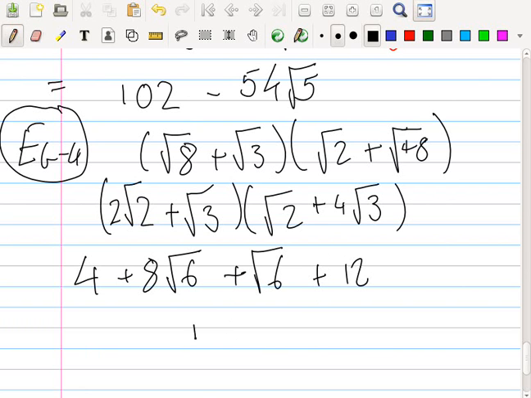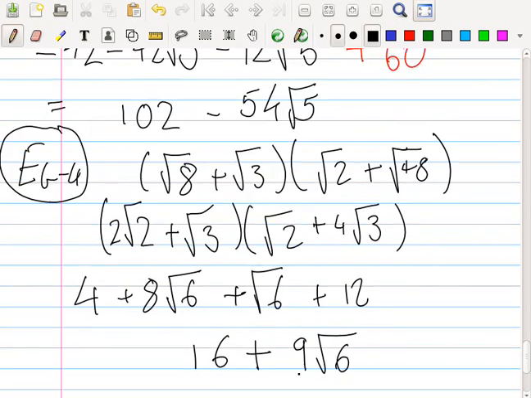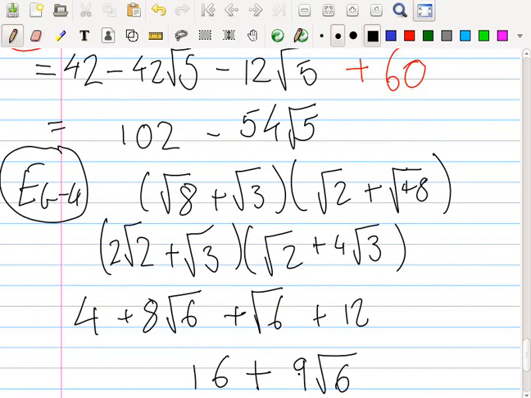So that's 16 plus 9 root 6. Scroll up there. Is that what you need? Yeah, that's right.